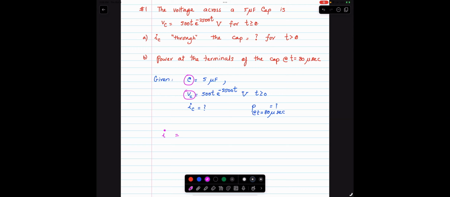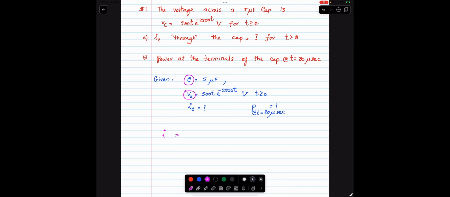So what you have to do, in order to find the current through the capacitance, or the current displaced around the terminals of the capacitor, is plug in a value for C, which is 5 microfarad, and the derivative of your voltage.